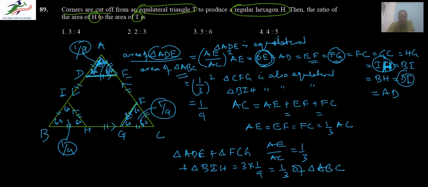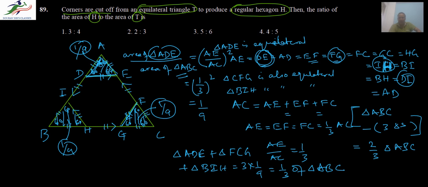So from the whole triangle ABC, if I subtract the area of all these three triangles, which are ADE, CFG and BIH, then I'm left with the area of the hexagon, which is equal to 2/3 of triangle ABC, and this is nothing but the area of the hexagon.